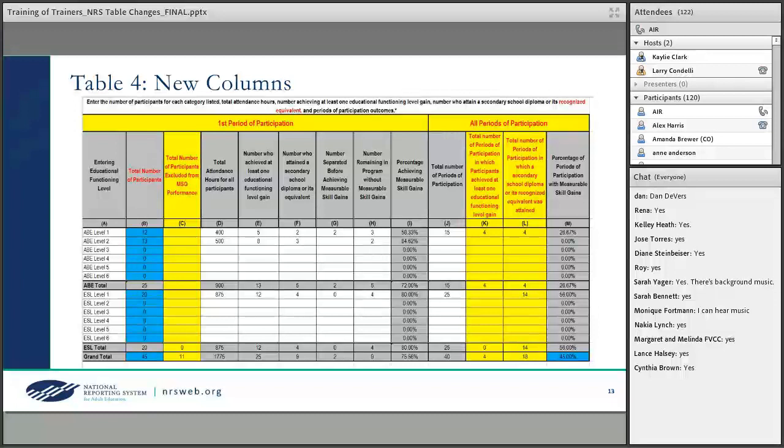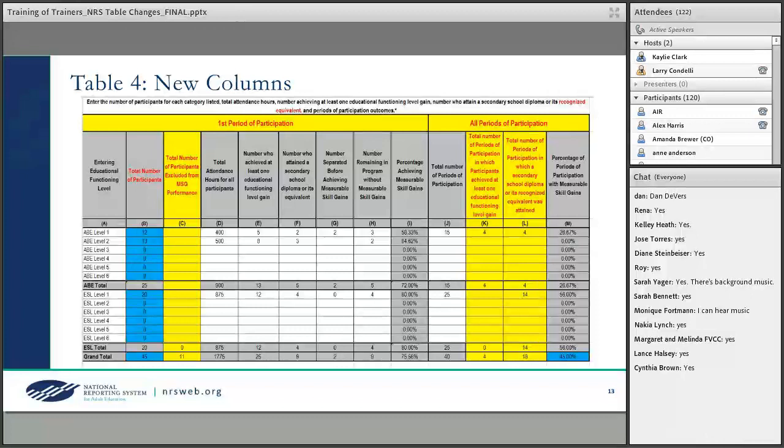Very simply, first off, there's been some confusion about first period of participation and subsequent periods of participation. And as you know, in our current Table 4, the first part of it, columns A through G, is first period of participation. Then we have a column for other periods of participation. All we did was label those more clearly so you could see what they are.